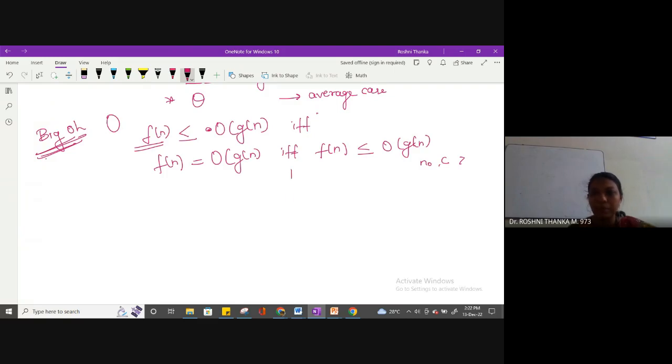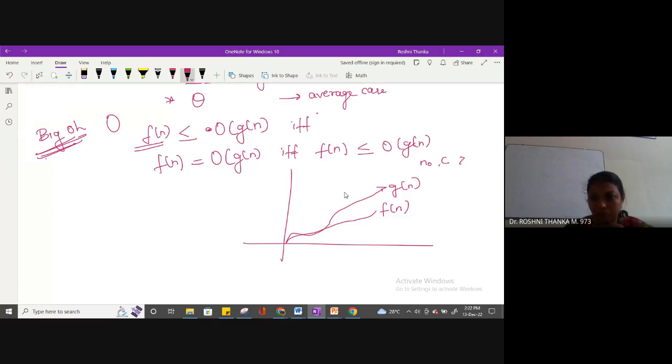For example, on this graph, the function we found for our algorithm is f of n, and this f of n should always be less than g of n.